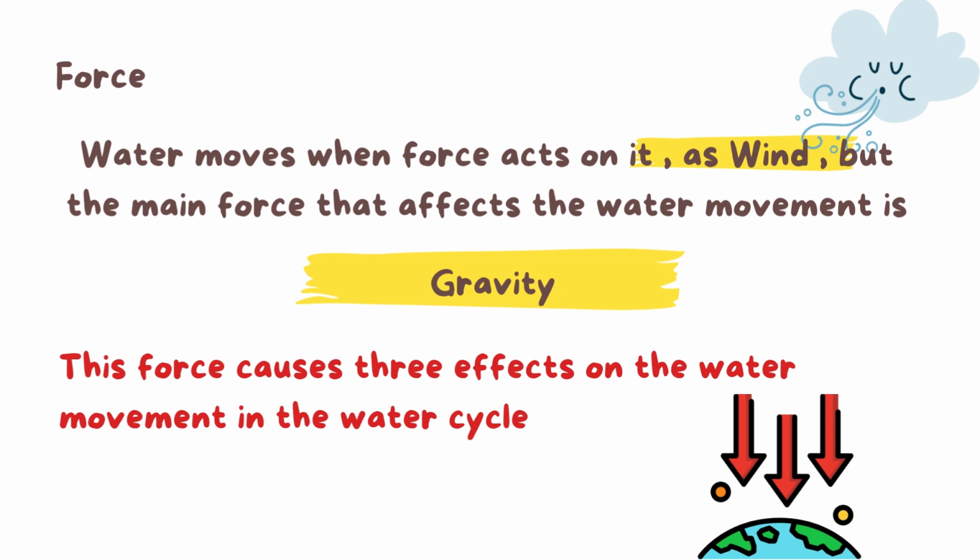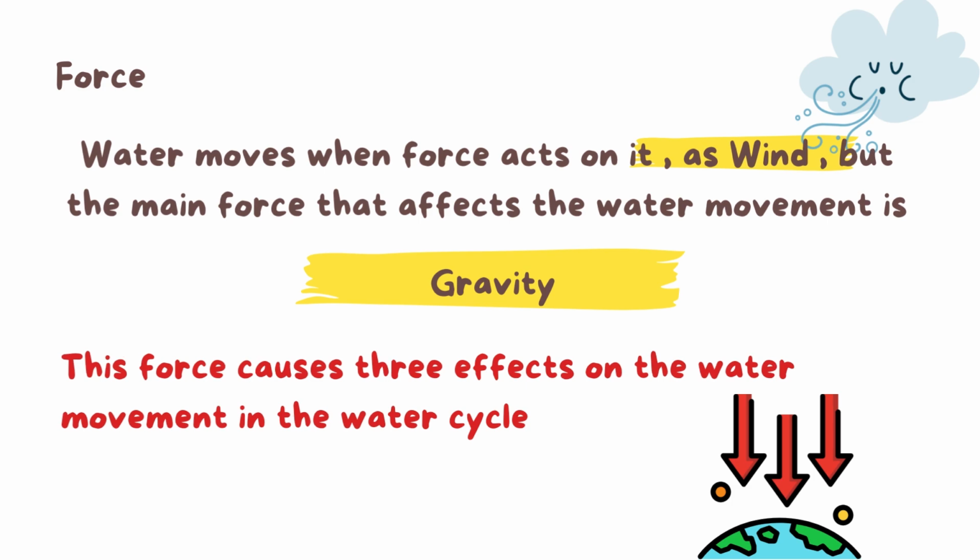Here the main force that affects the water movement is gravity. This force causes three effects on the water movement in the water cycle, and now we will discuss those three effects.